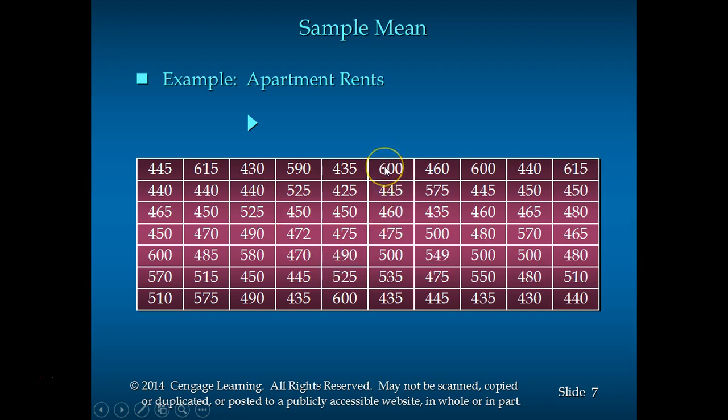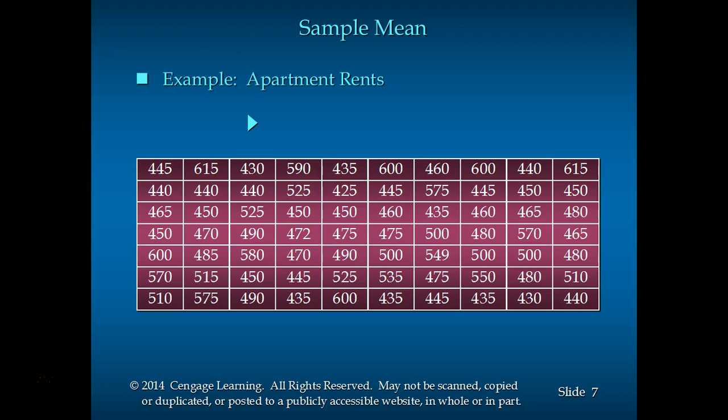So I think maybe the average is close to 500, or maybe 490, around 500. So my guess is 500, just by looking at the numbers.